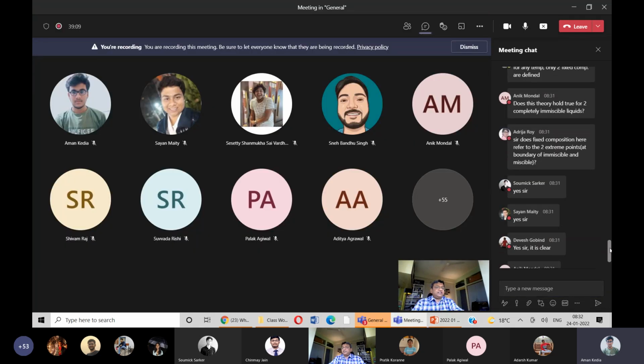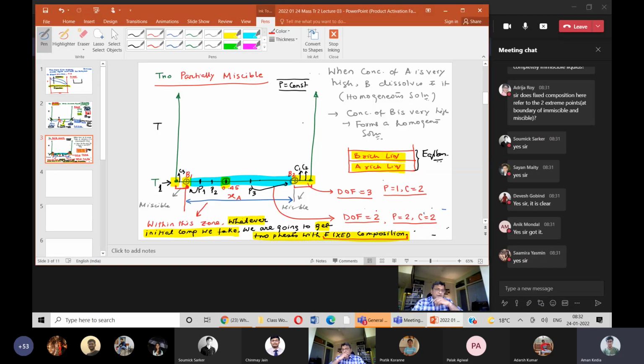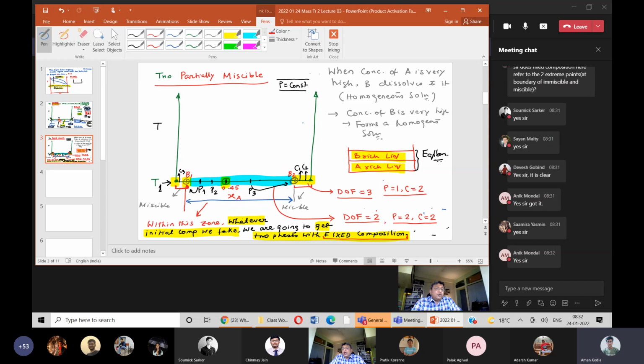Miscible is a special case of immiscible, completely immiscible. Just that I have marked the points as B1 and B2. So in case the two liquids are completely immiscible, B1 is going to be at XA equal to 0 and B2 is going to be at X2 equal to 0. Is this clear? Rest of the class, I am not teaching to 7 people. Is it clear to all?